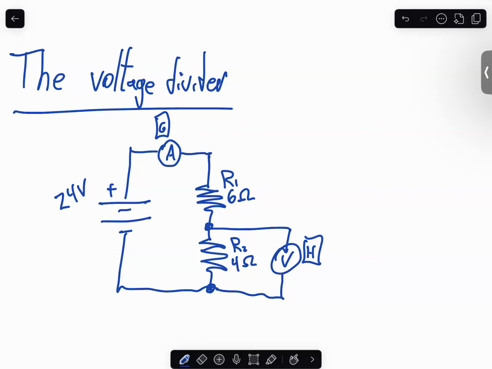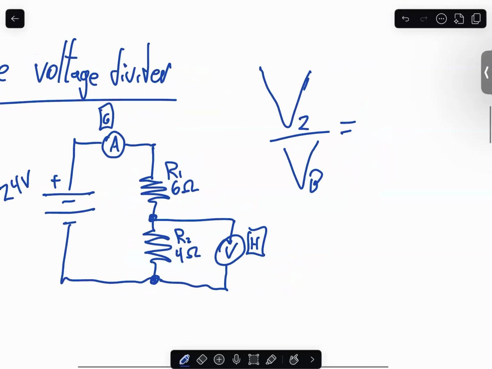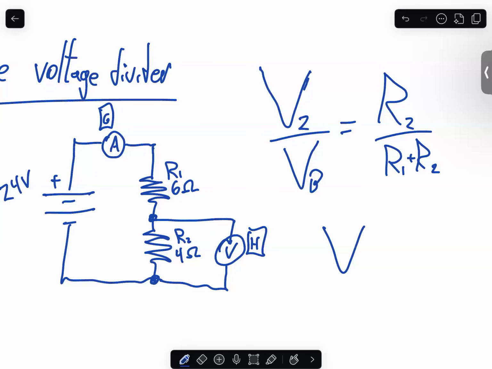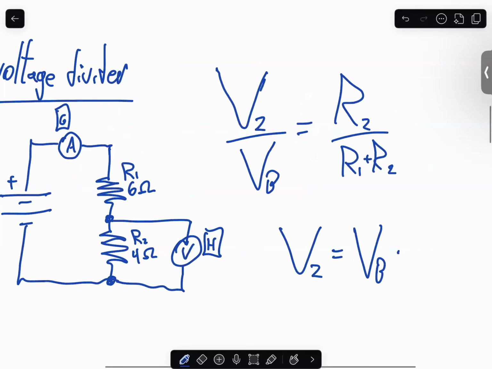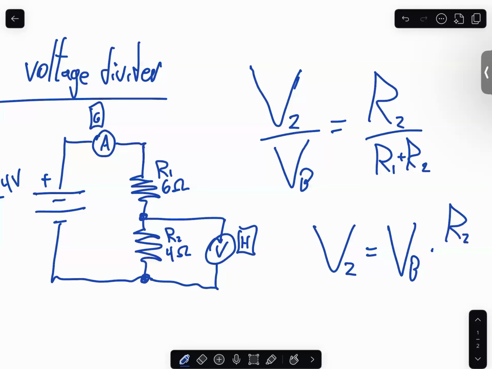So you can say voltage of resistor 2 compared to the voltage of battery is the same as resistance 2 divided by the total resistance. The voltage of resistor 2 is the voltage of the battery times resistor 2's fraction of the total.